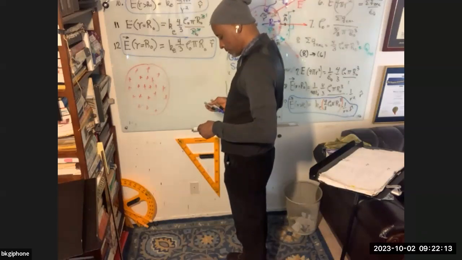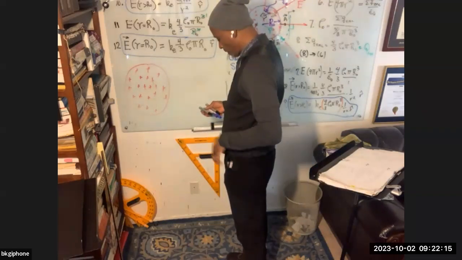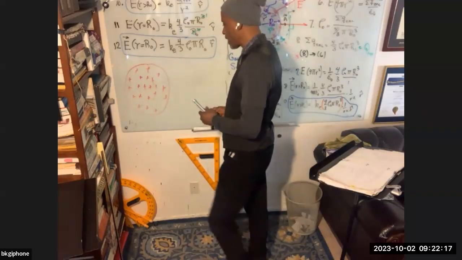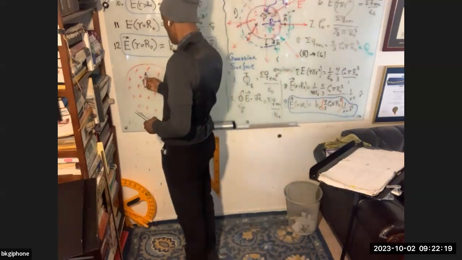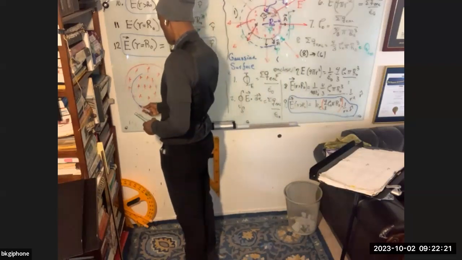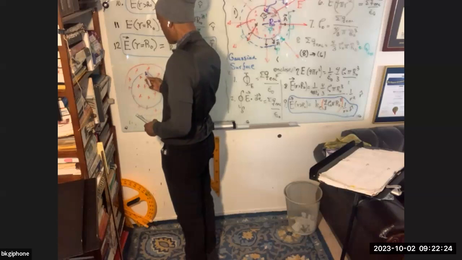So when I enclose this guy like this, inside from my radius less than r, you can see I'm not getting all the charge.